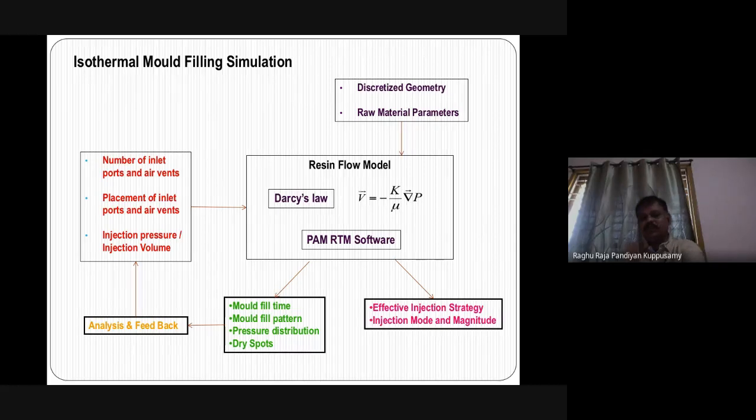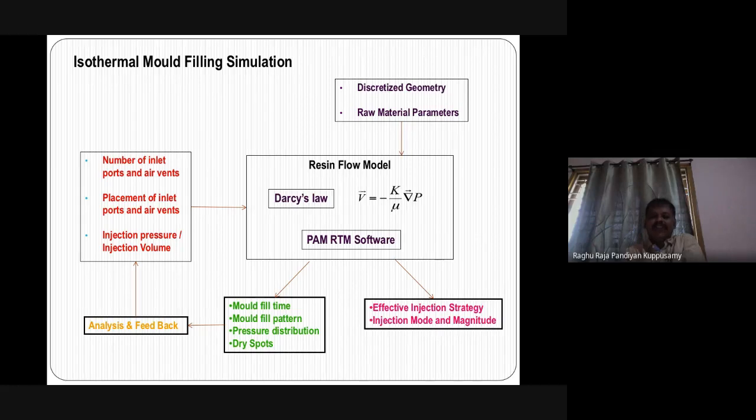So with respect to my intelligence, I can have feedback from mold fill time, mold fill pattern, pressure distribution, and dry spots. And again, from the feedback and analysis, from the inferences we get, I can change the number of ports, vents, placements, as well as whether injection is in pressure mode or volume mode, and again analyze it.